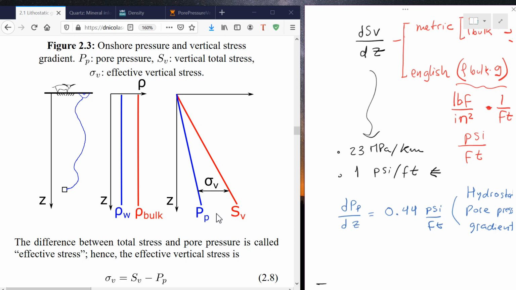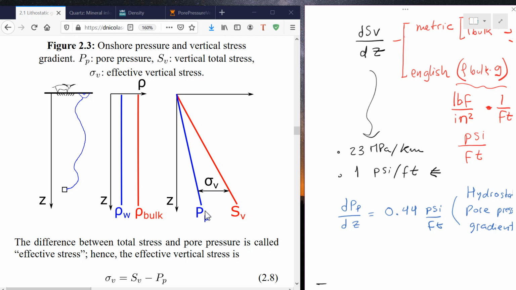There is one more thing to observe in this example, and it is the difference between total vertical stress and pore pressure. That's what is called effective vertical stress, and is denoted with the letter sigma. We're going to see that this is quite important later on, because this effective stress is actually what is holding the rocks together.